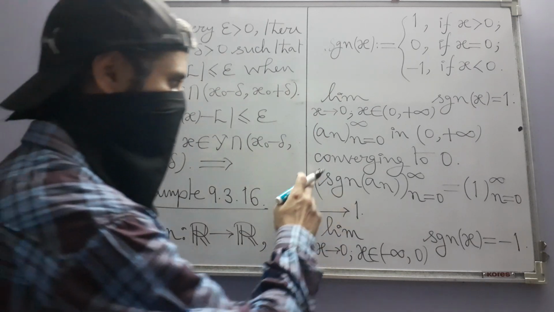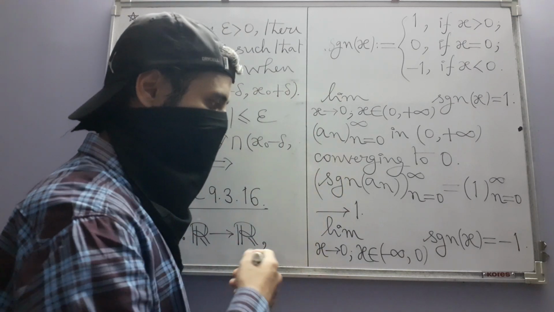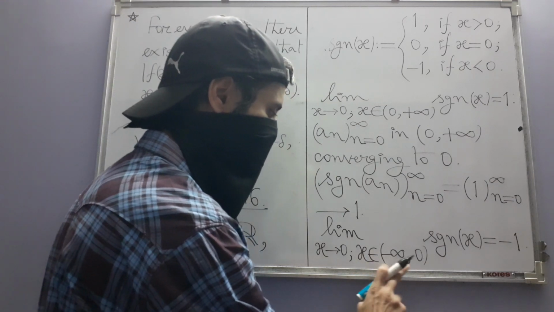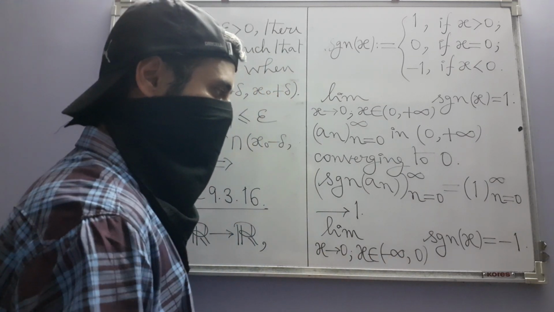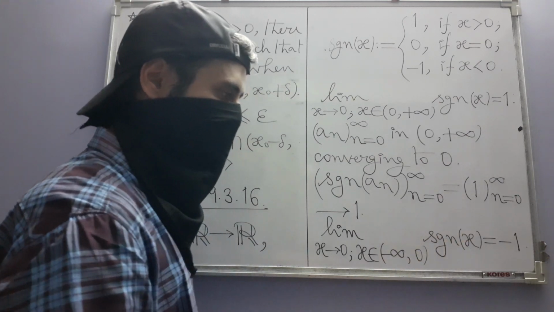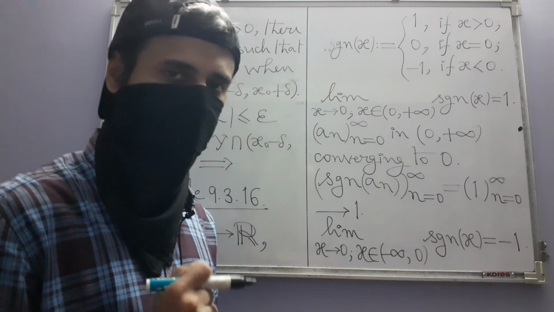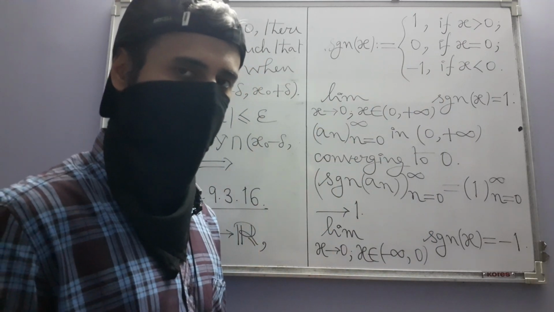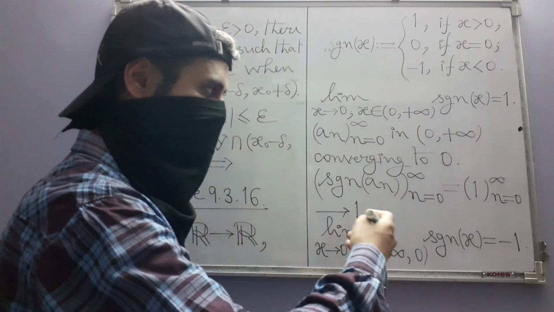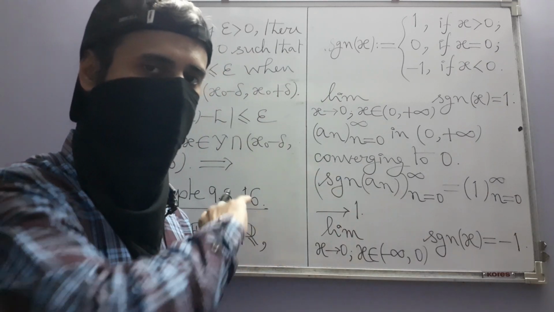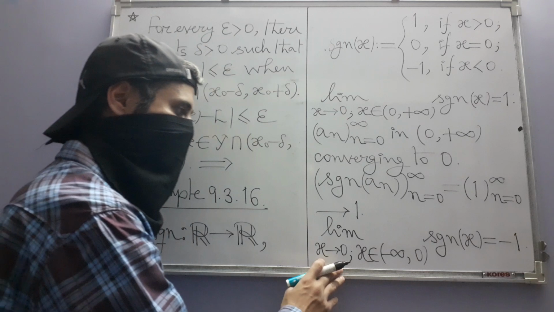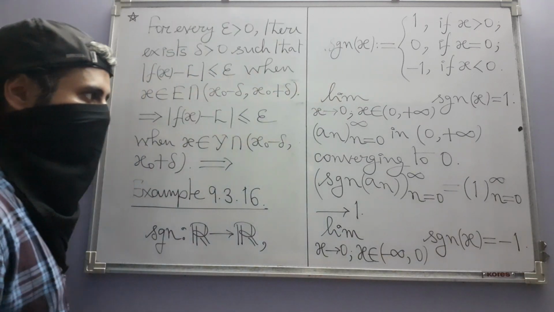Again, similarly, if you take a sequence bn, any sequence bn whose terms come from here, and then you calculate the sgn values of the sequential terms, all of them will be -1 because they are all negative real numbers, and that constant sequence -1, -1, -1 converges to -1. So again by proposition 939, this limit is -1.